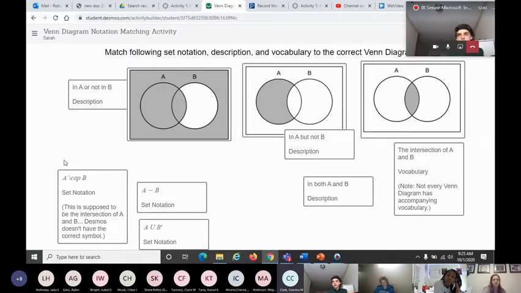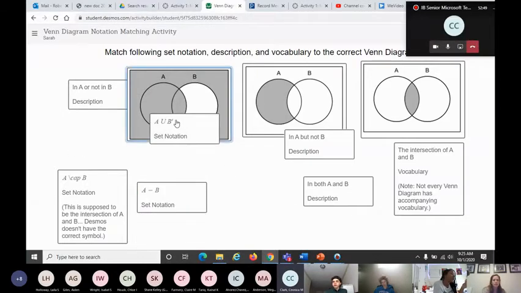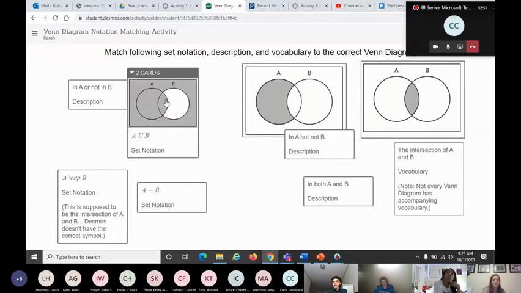So out of these three different set notations, what do you guys think it is? Is it the union? Yes, so it's this union one because we have all of A, right? We have all that shaded in, and we're adding it to not B, okay? Not B is all the stuff outside of B, all right?